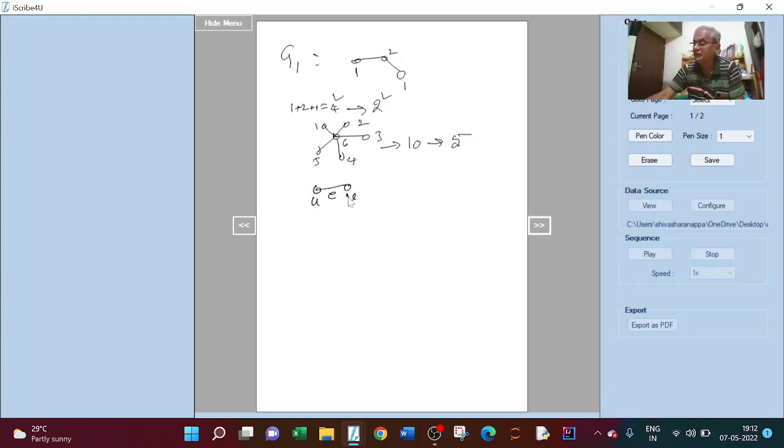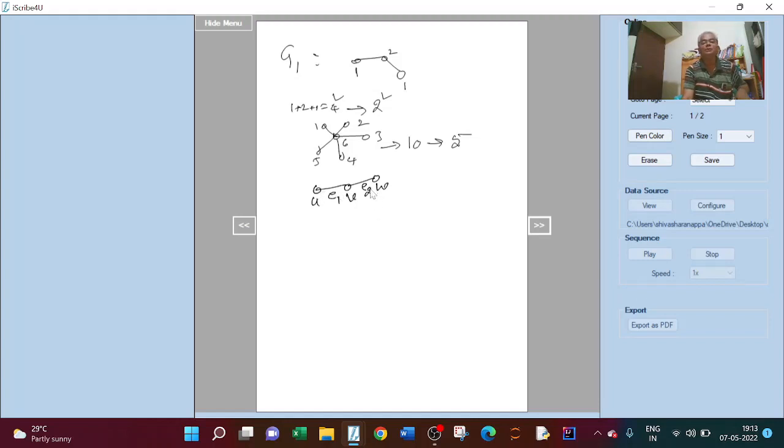Suppose one more edge is there. Okay, so if I take E1 and if I take E2. See here, E1 contributes 1 degree to U, 1 degree to V. This contributes 2.